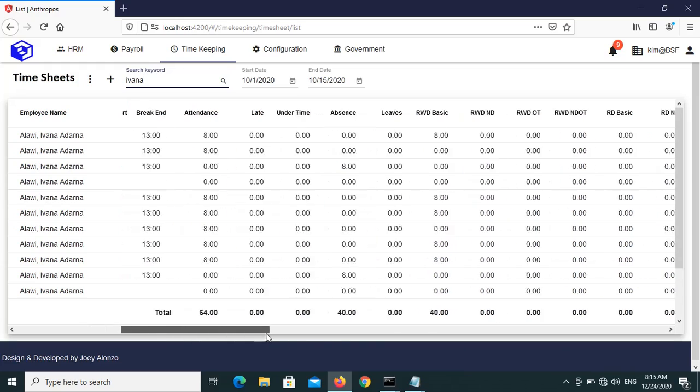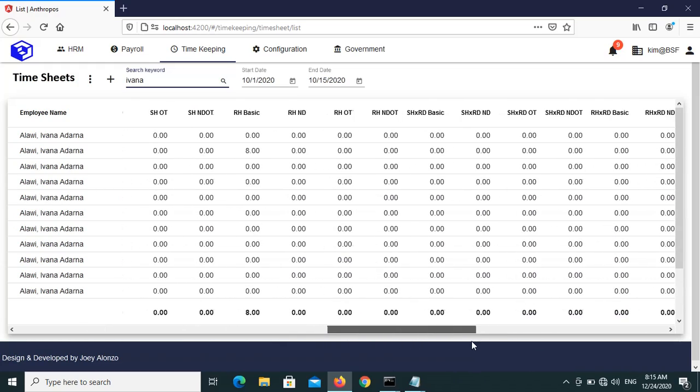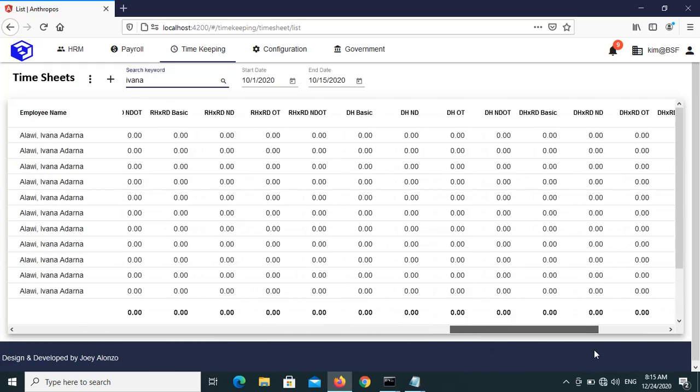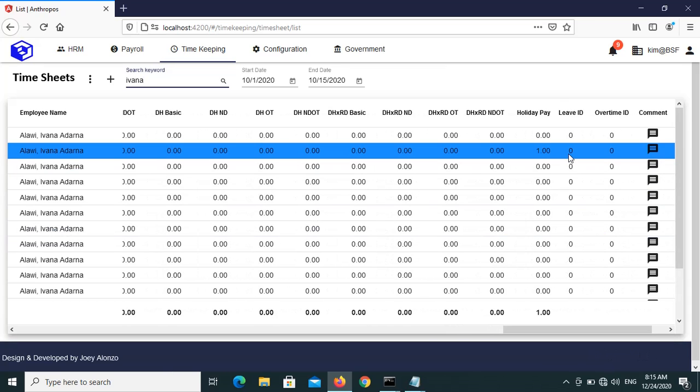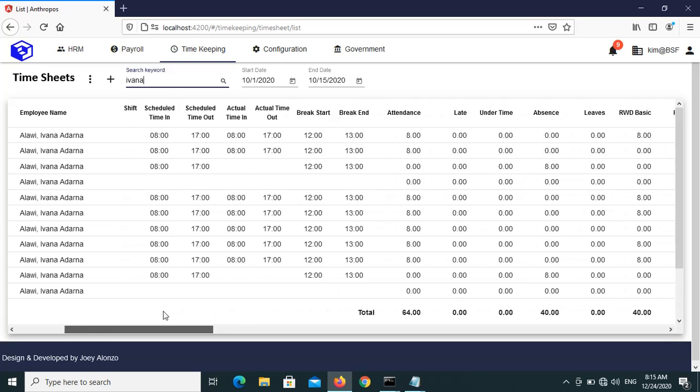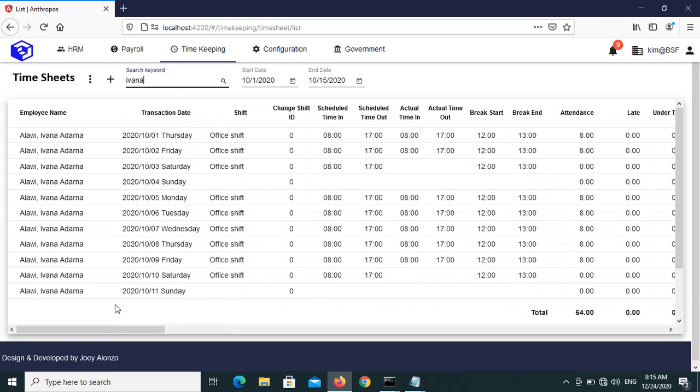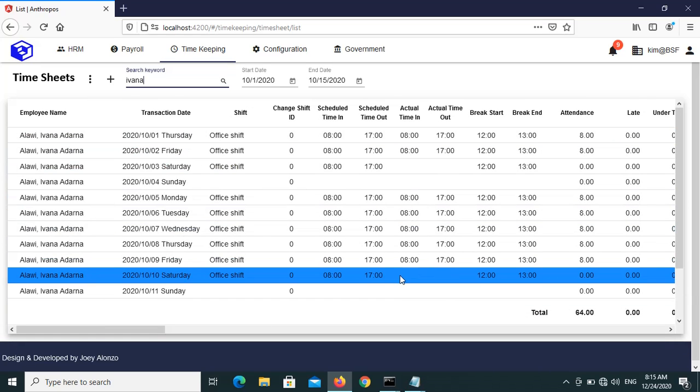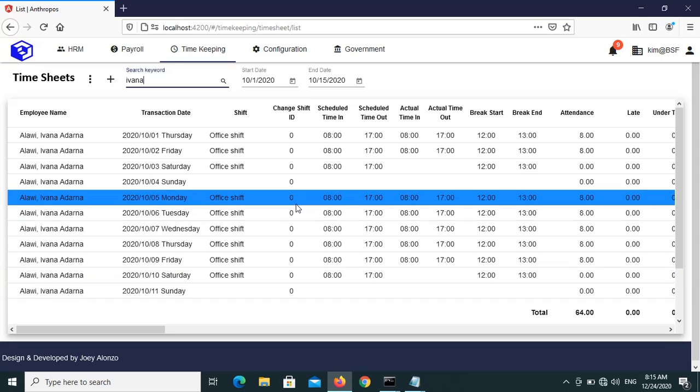And then I would like to mention also that she has holiday pay of 1 day. Okay, because she worked during the holiday. Okay, so those are basically the data that we need in order to calculate the basic pay and ECOLA.